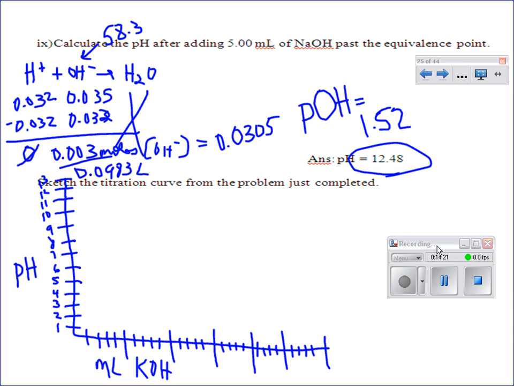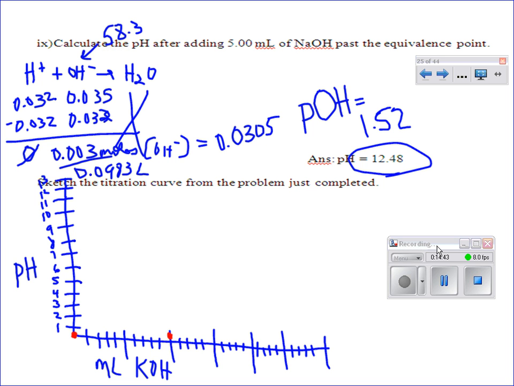So let's go back to our first points and figure this out. Before we added any base to the acid, what was the pH? 0.1, like way down here. Then we added 20 mL, and what was the pH? A half a unit.